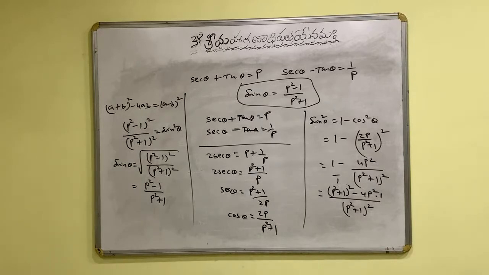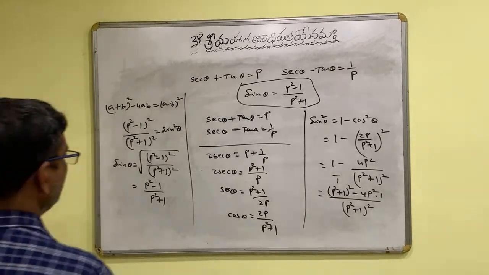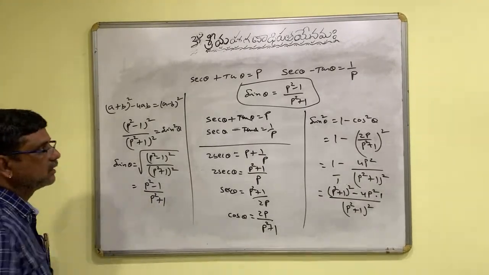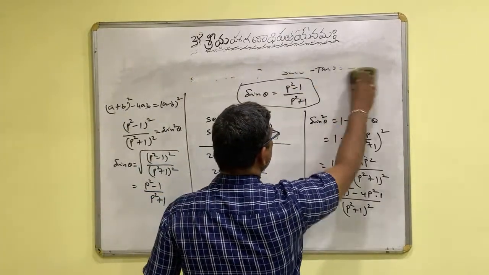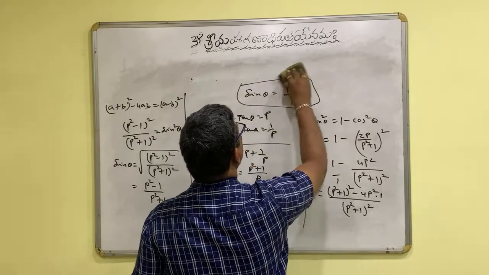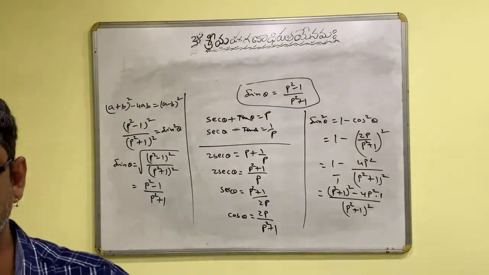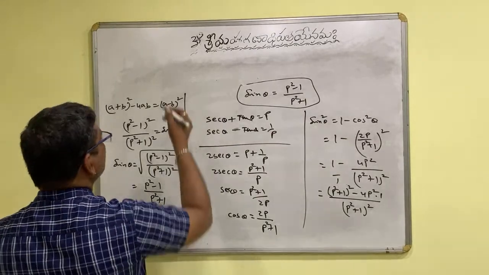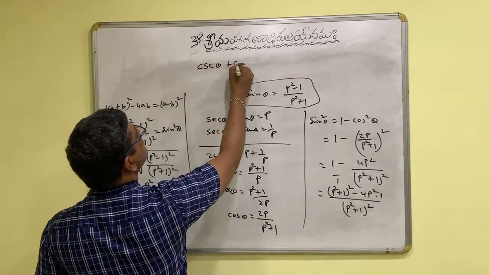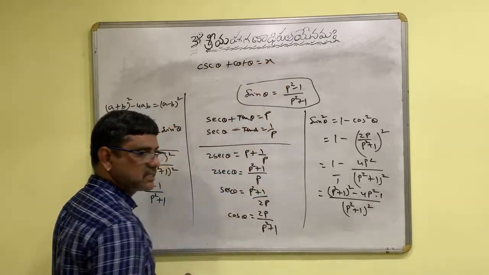Now, if this is the same question, if I gave you a question like this, cosecant theta plus cot theta is equal to x, then can we find out cos theta? Can we find out cos theta? That is your homework. I'll write the question over here. Let me see how many of you will do this question. Cosecant theta plus cot theta is equal to x.